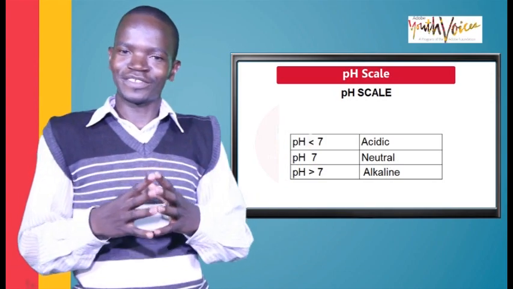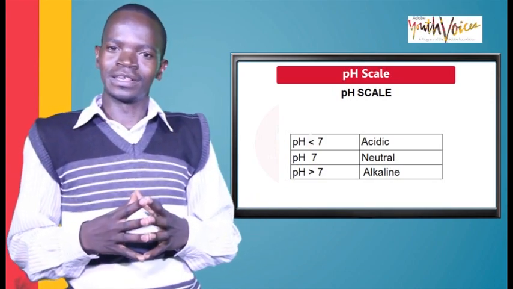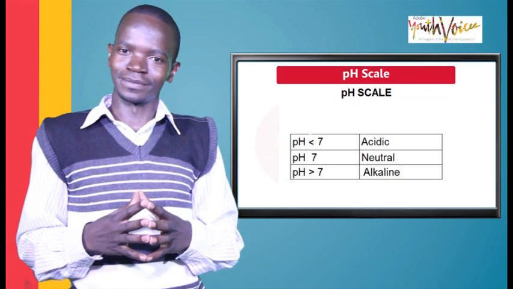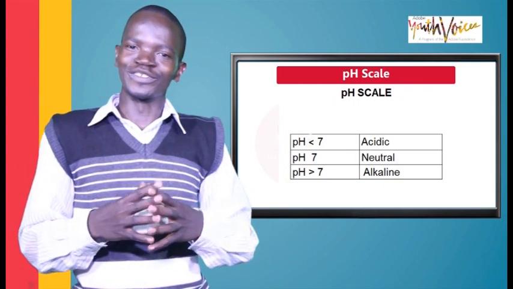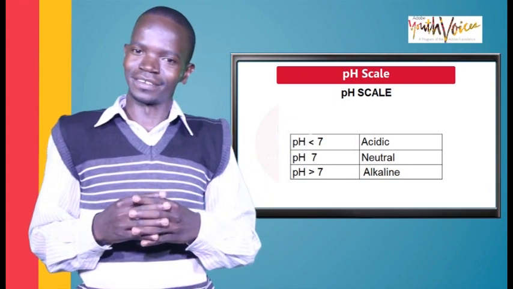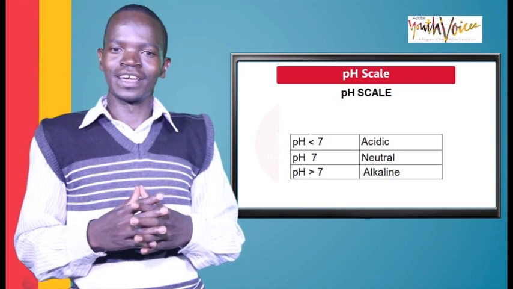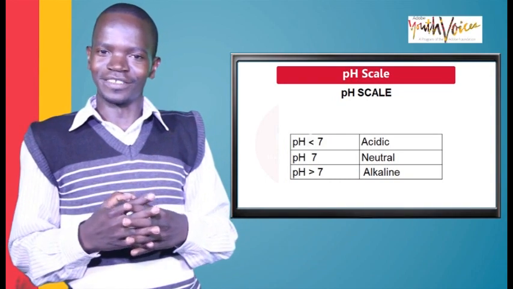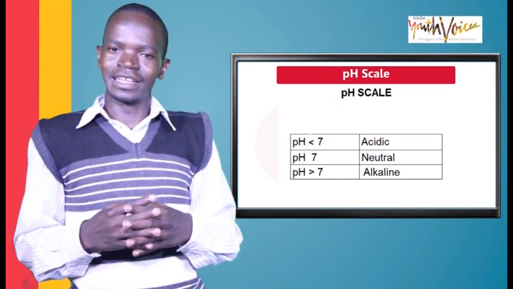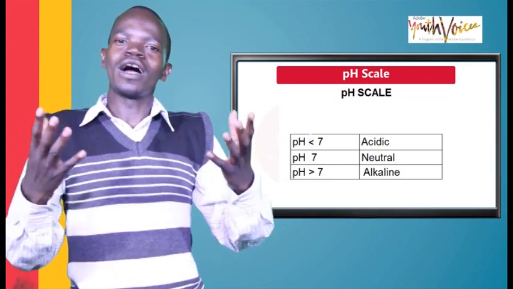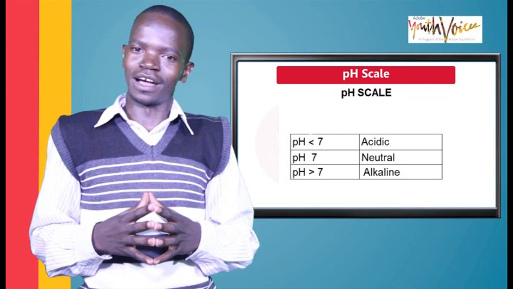The closer to pH 0 you go, the more strongly acidic the solution is. Neutral solutions have a pH of 7. Alkaline solutions have pH values greater than 7. The closer to pH 14 you go, the more alkaline the solution becomes.